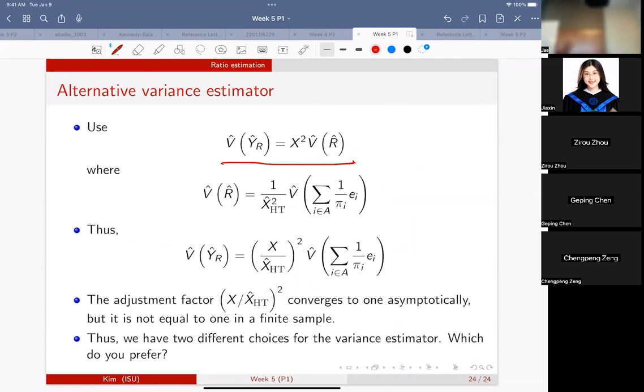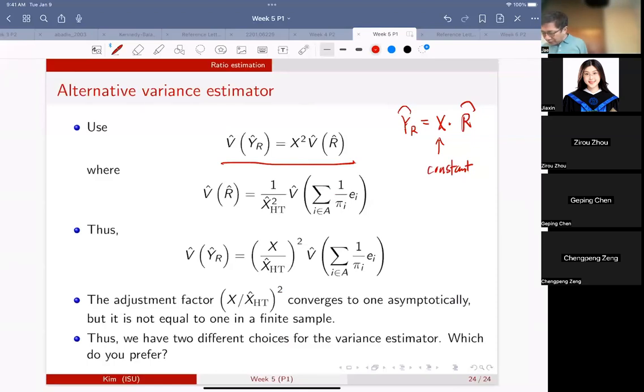Because the ratio estimator is X times R hat, and this X is constant. It's not a random variable, right? So the randomness solely comes from the randomness of R hat. So why not estimate the variance of R hat first?